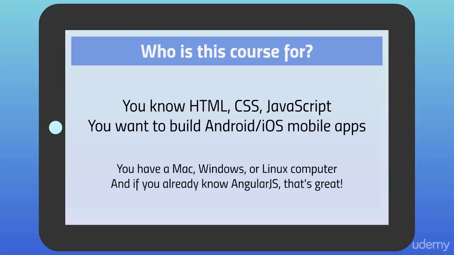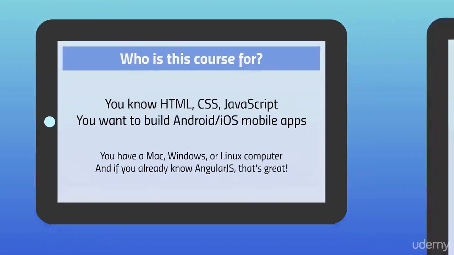If you happen to know AngularJS as well, that's great, because Ionic is built on top of AngularJS. If you don't know Angular, you should still be able to follow this course, because I will briefly explain each Angular concept the first time we use it. But just to be clear, this is not a comprehensive course on AngularJS.